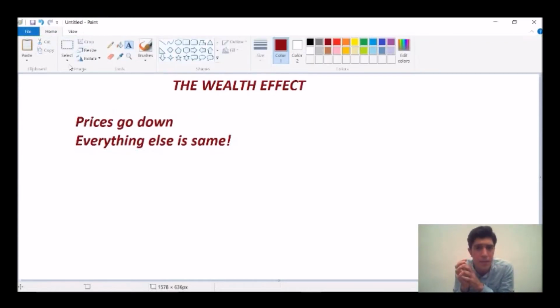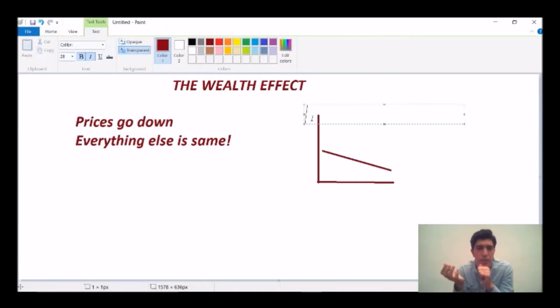People have the same savings, the same amount of money in their wallet. If that happens, all things equal, they say, with the same amount of money that I have in my wallet, I can buy more, I feel wealthier. That is the wealth effect. They will say, I will go and demand more goods and services because with what I have in my pocket, I can buy more things.